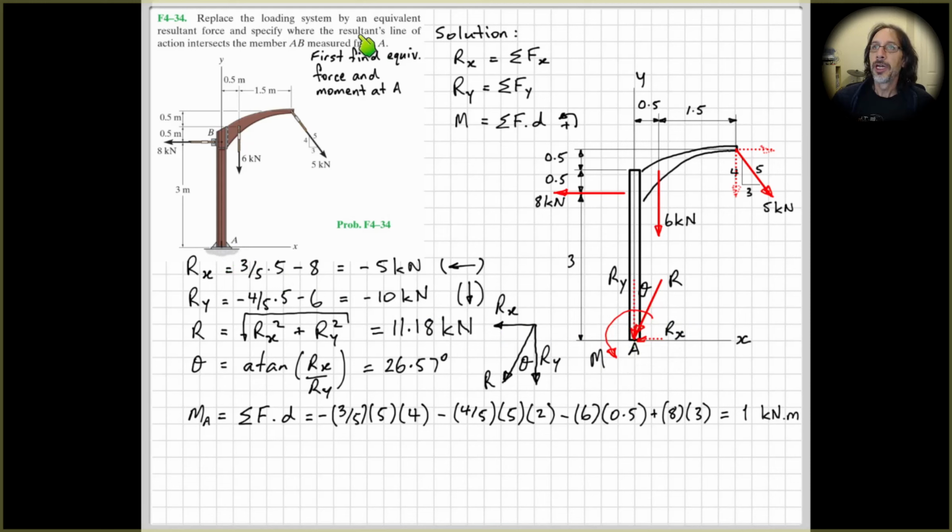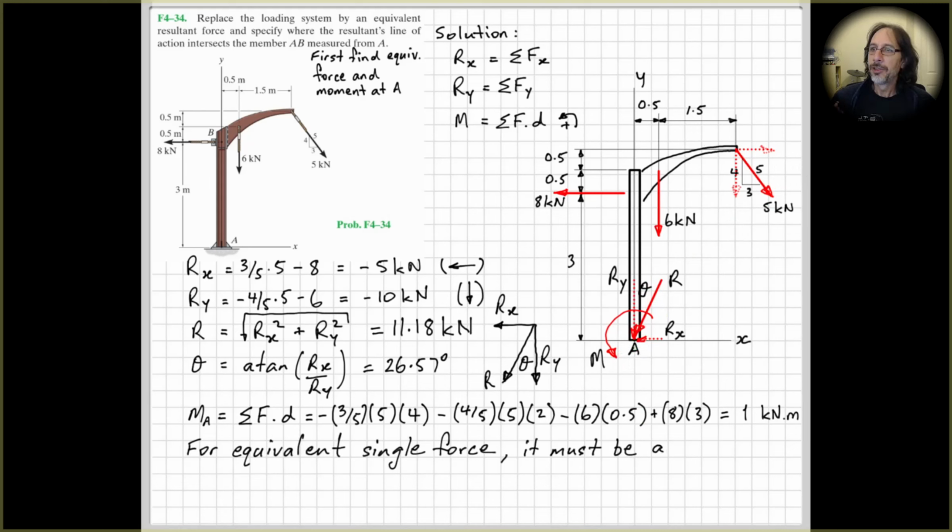The original question though asked us to find the equivalent single force. So we now need to say, okay, where do we place this resultant force? Somewhere above or below A, so that its effect on the body is the same as this force and this couple moment, and of course, equivalent to the original three forces.